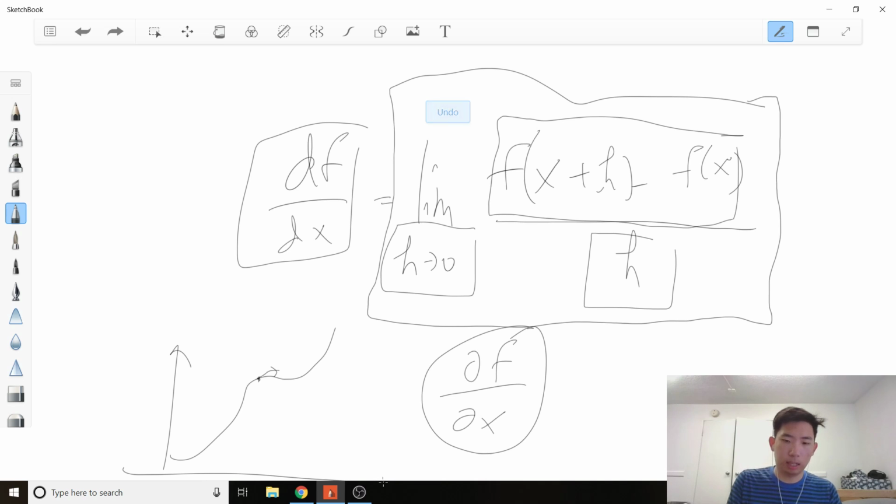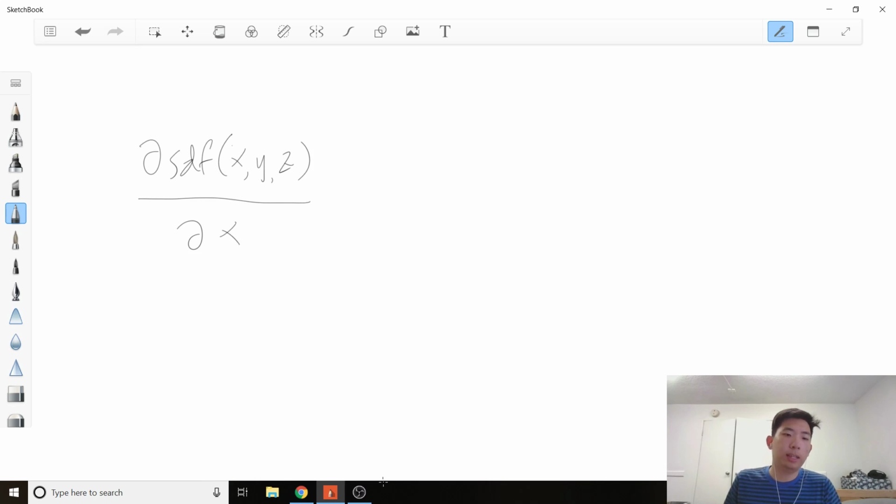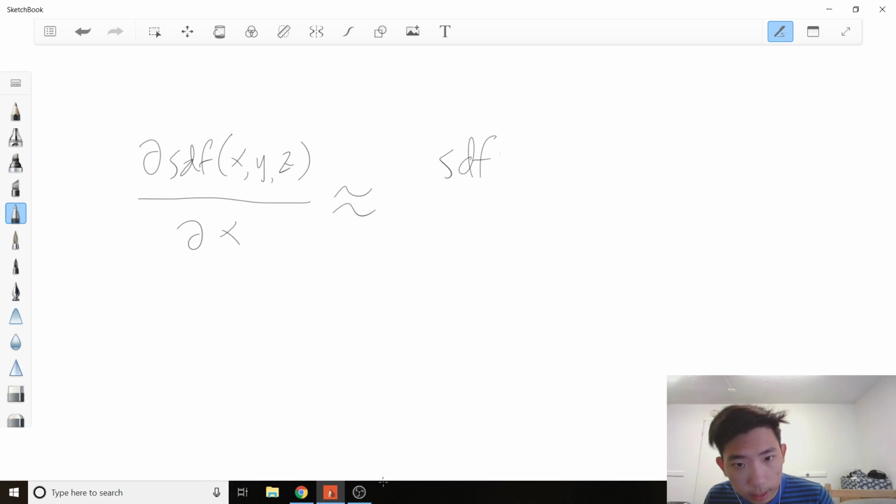Let me write this out formally so it's less confusing. We want the partial derivative of the signed distance function with respect to x, with the input x, y, z. We can approximate this by taking the SDF of P plus epsilon, a very small amount, moving only x because we want it with respect to x.